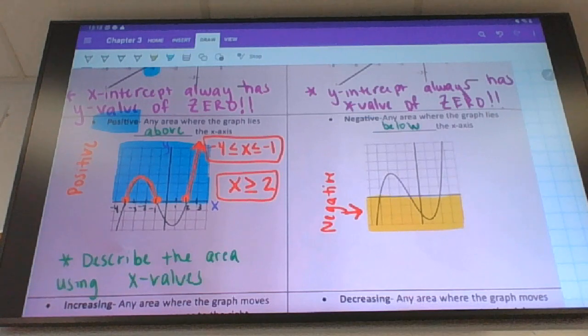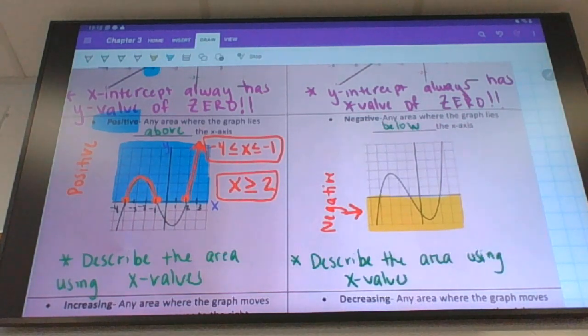And you'll be asked to describe where is it negative. When you describe it using x values. Not y values. Focus your eyes on the x-axis.